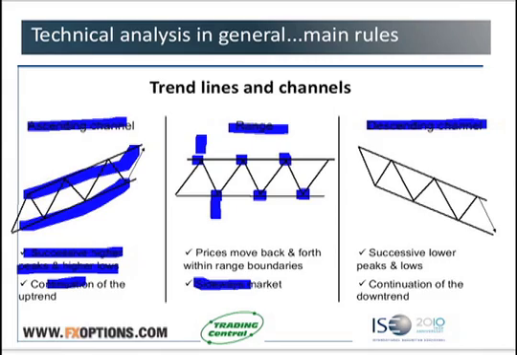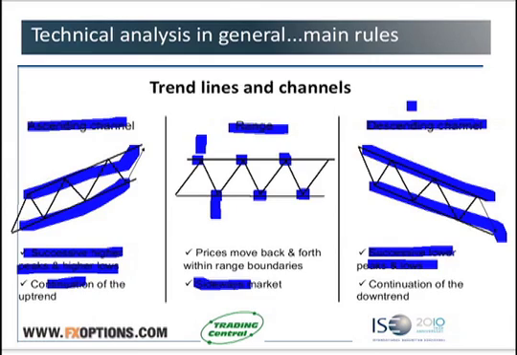It is exactly the opposite for the descending channel, with successive lower peaks and lower lows, meaning a continuation of the downtrend. When you reach the upper boundary of the descending channel, the greatest opportunity for a trader is to sell at this point, to take advantage of this pullback and to follow the trend.